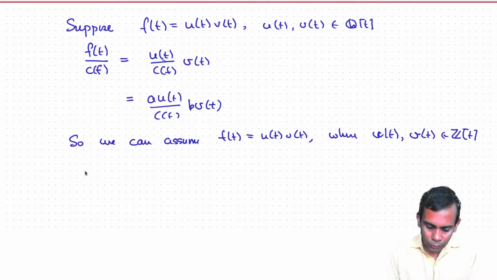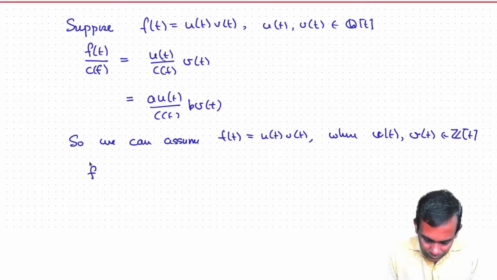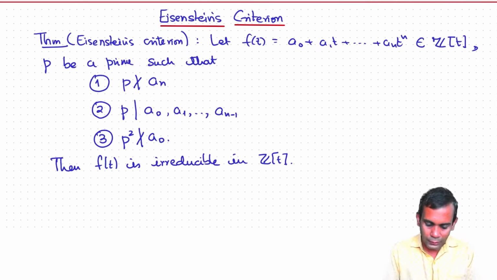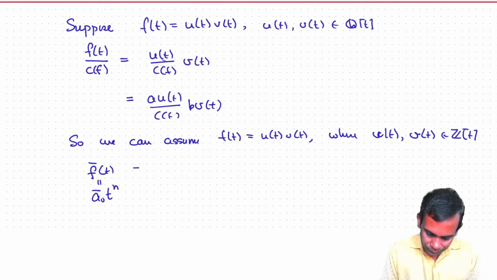And now we have f bar of t. This is just a0 bar t to the n. No other terms survive because of our hypothesis on f. All the coefficients of f except the leading term are divisible by p. This is equal to u bar t times v bar t.